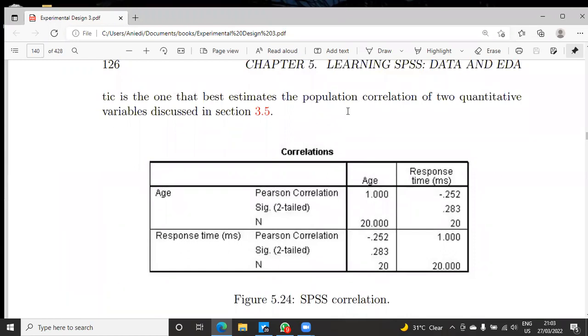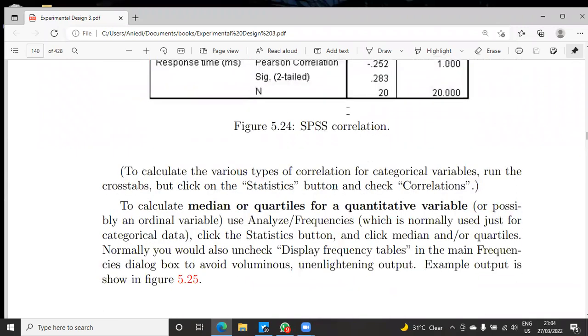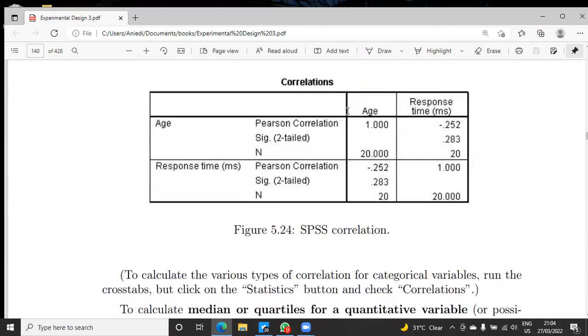The correlation between age and response time is 0.28, and that's it. So it has a low correlation, which means there's a strong covariance between age and response time.